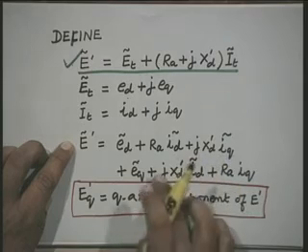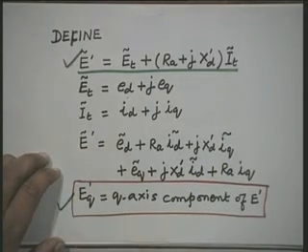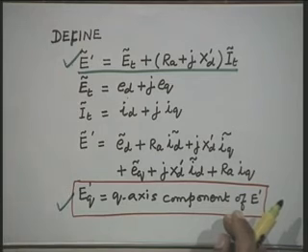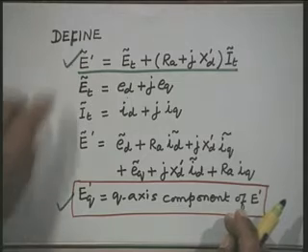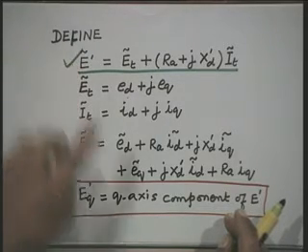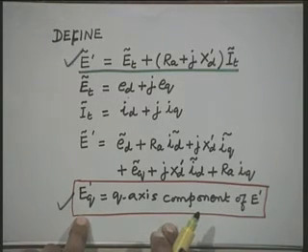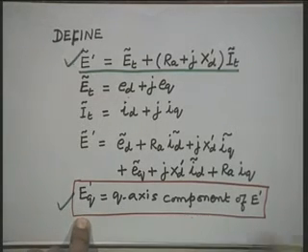The Q axis component of this quantity comes out to be EQ prime, which we defined as a voltage proportional to field flux linkages. Therefore, now I have drawn a simple phasor diagram to represent all these quantities.